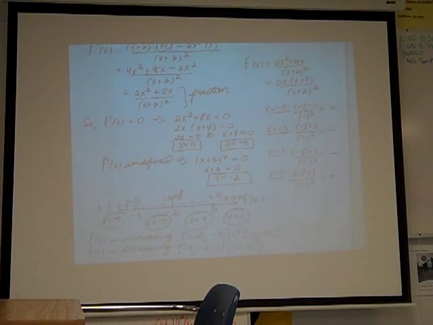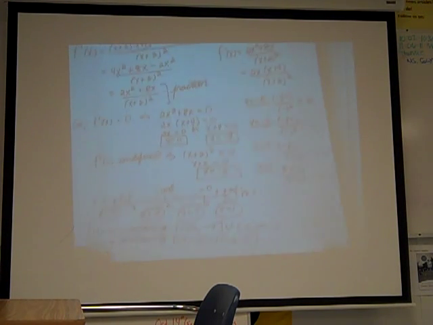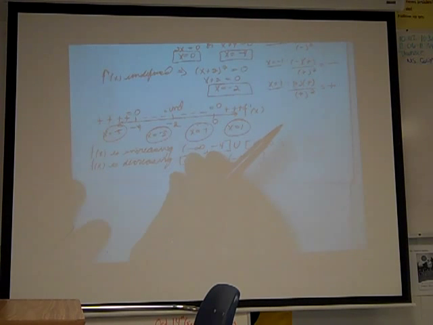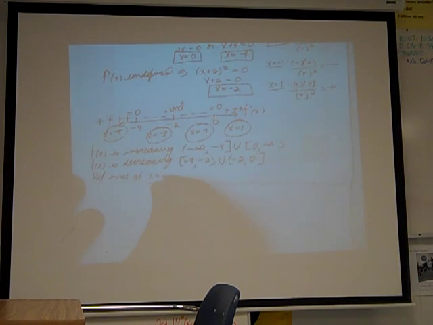If I wanted to classify my critical points, I have a relative max at x equals -4. Why do I have a relative max at x equals -4?